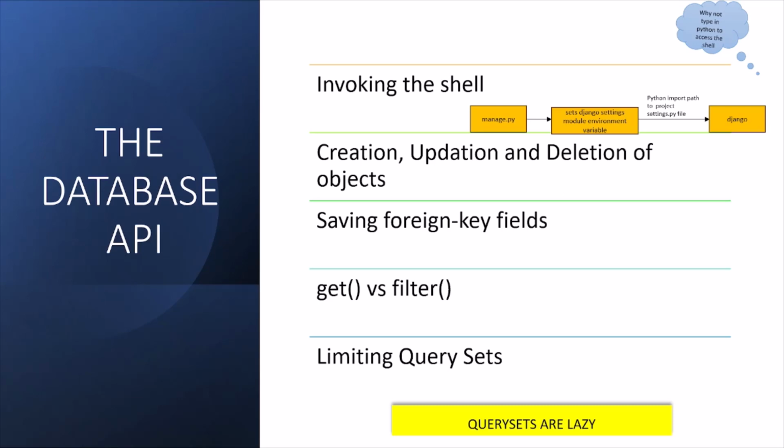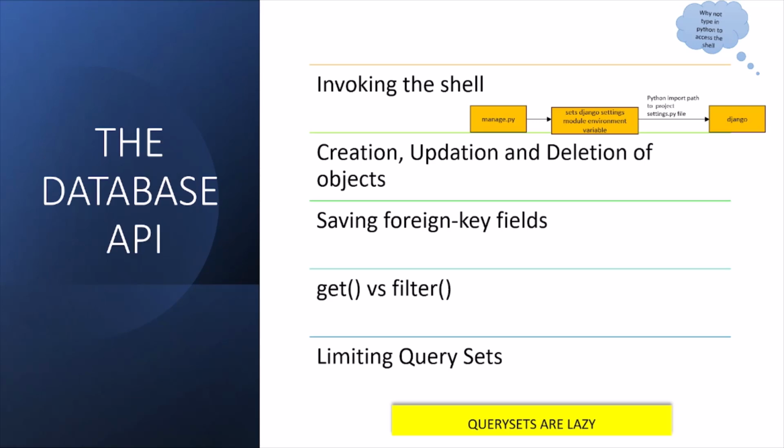Query sets are lazy. What does that mean? We've already seen this. We created an object, but it wasn't saved in the database until we call the save method. So you may put in as many attributes as you like and assign them values, but unless you call the save method, the object is not going to be saved.